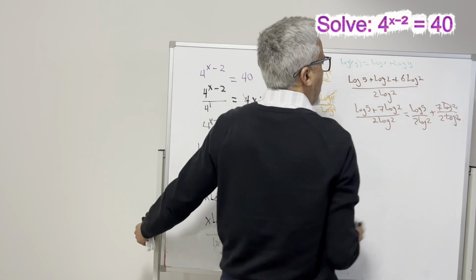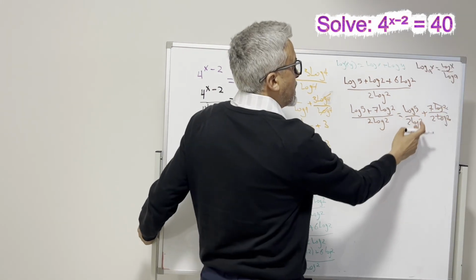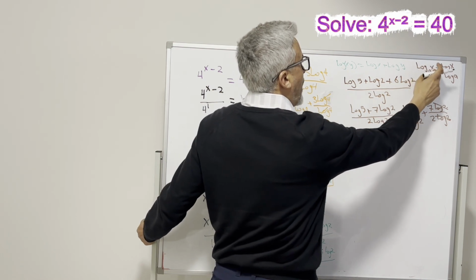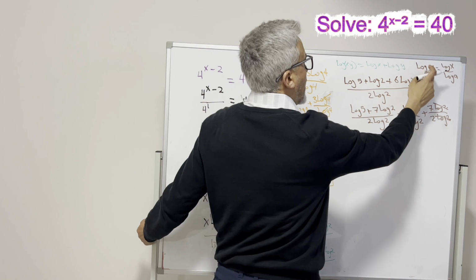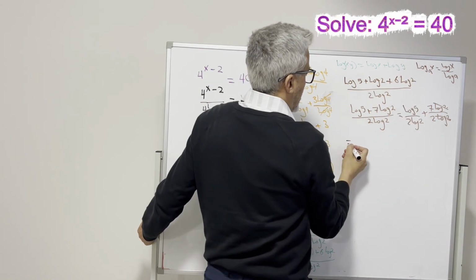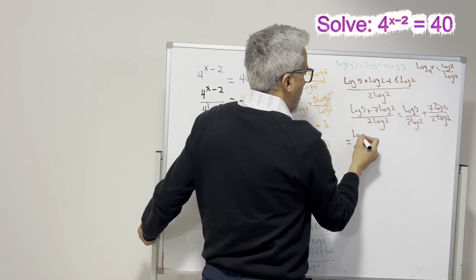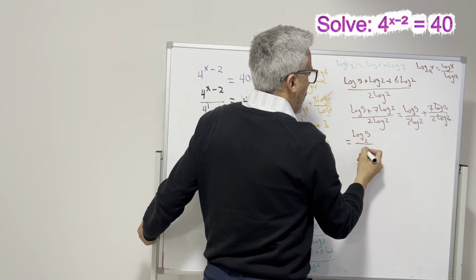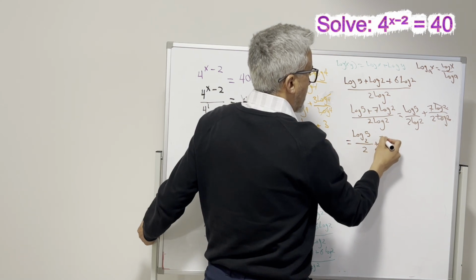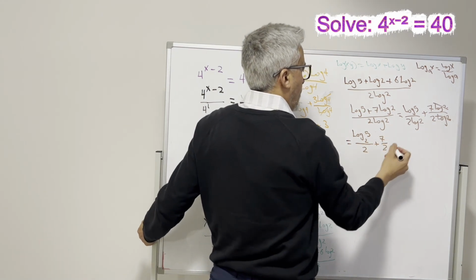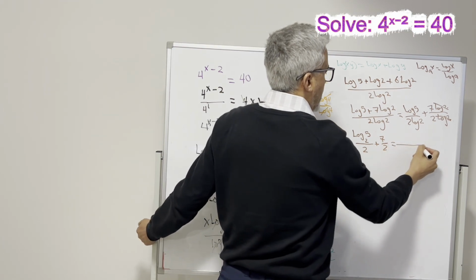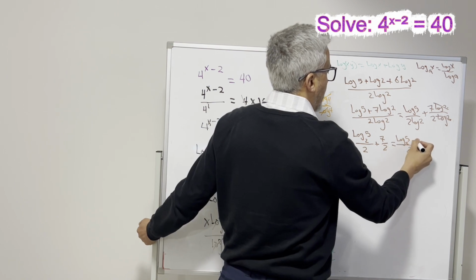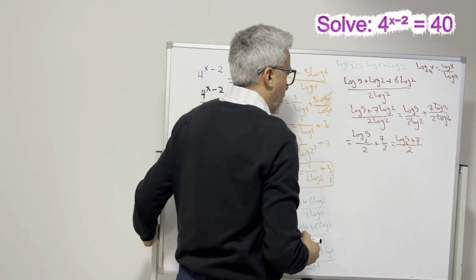Log 2's will cancel here. Now this, I'm going to do the change of base, because log x over log a equals log base a of x. So this will simply become log base 2 of 5 over 2 plus 7 over 2, and since they have the same denominator, we're just going to write that as log base 2 of 5 plus 7, all over 2.